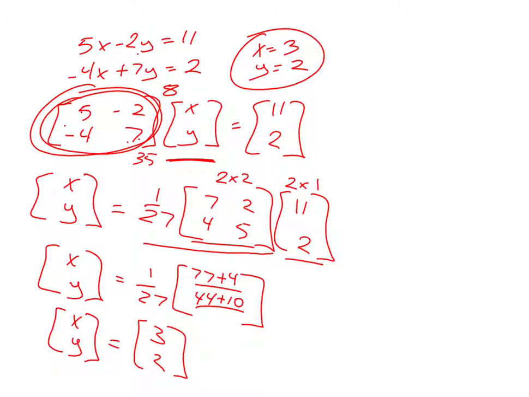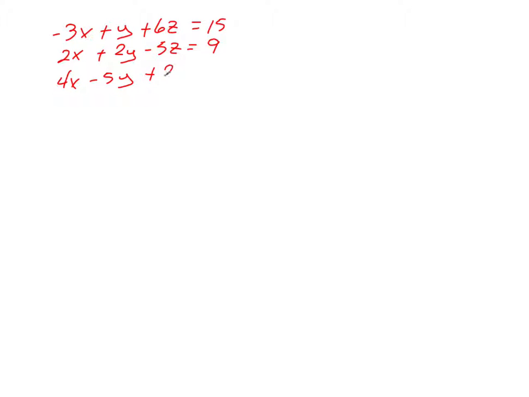All right, let's look at the 3 by 3. Negative 3x plus y plus 6z equals 15. 2x plus 2y minus 5z equals 9.